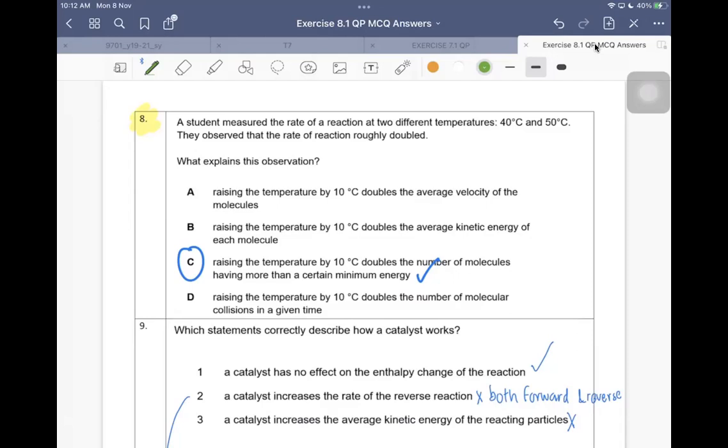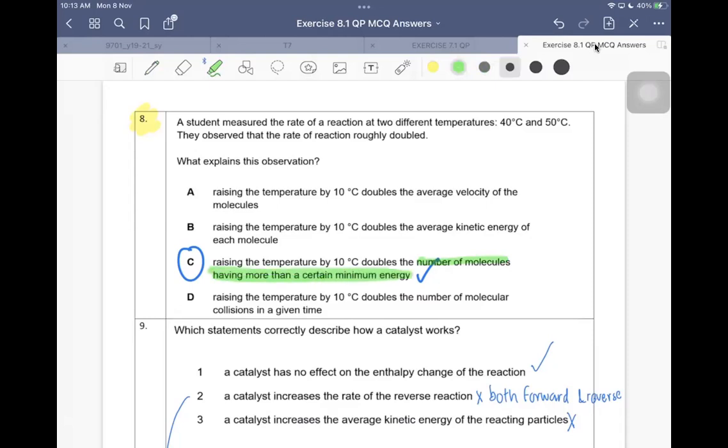And most of you are so stuck on this idea that increasing temperature will increase kinetic energy. Yes, that was true, and that is still true, but that is only a small factor. The bigger factor is always, when it comes to temperature, the number of molecules having more than a certain amount of energy.